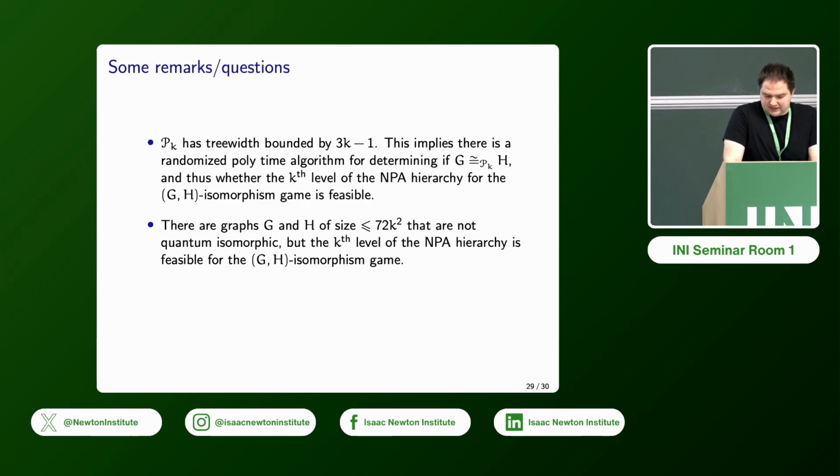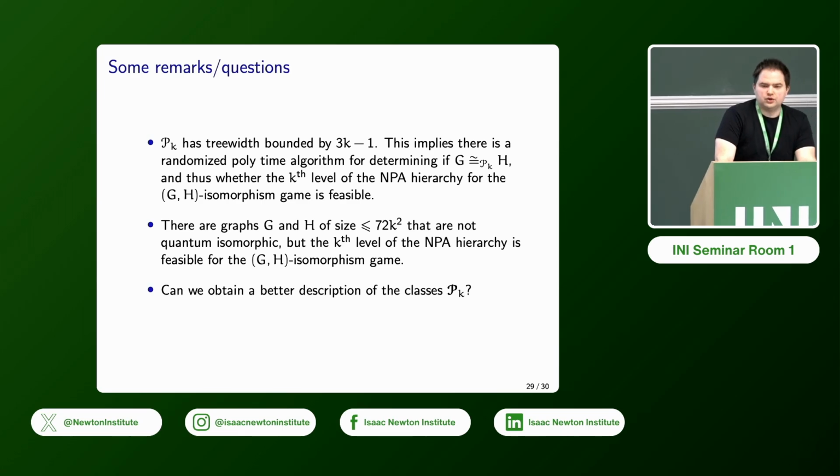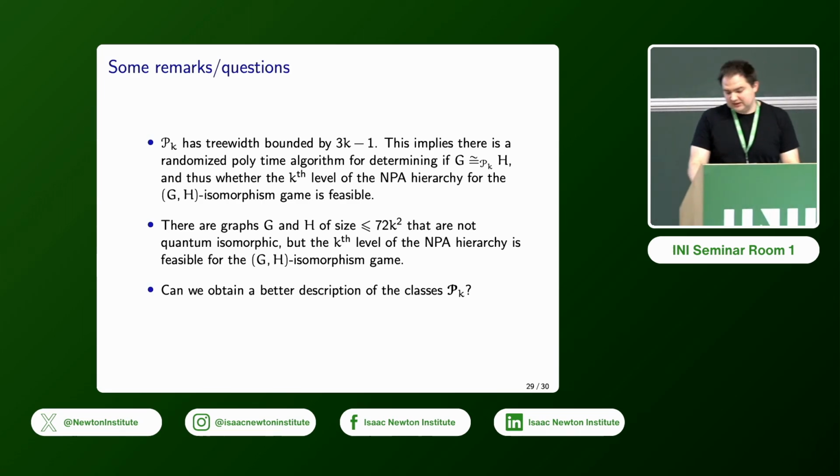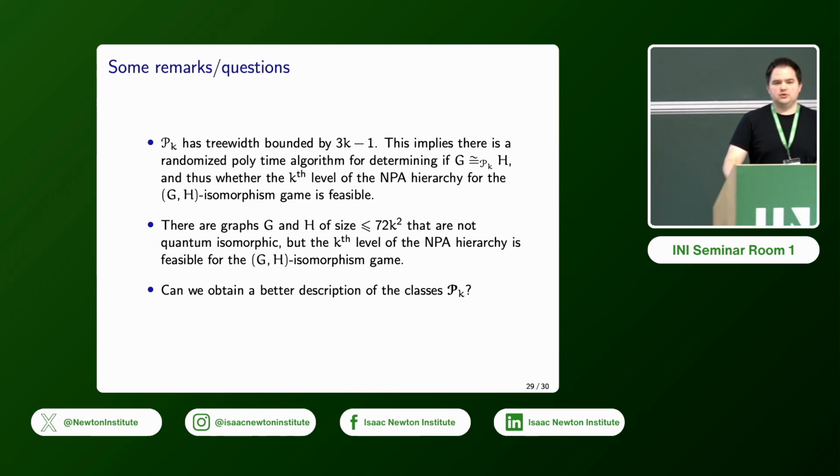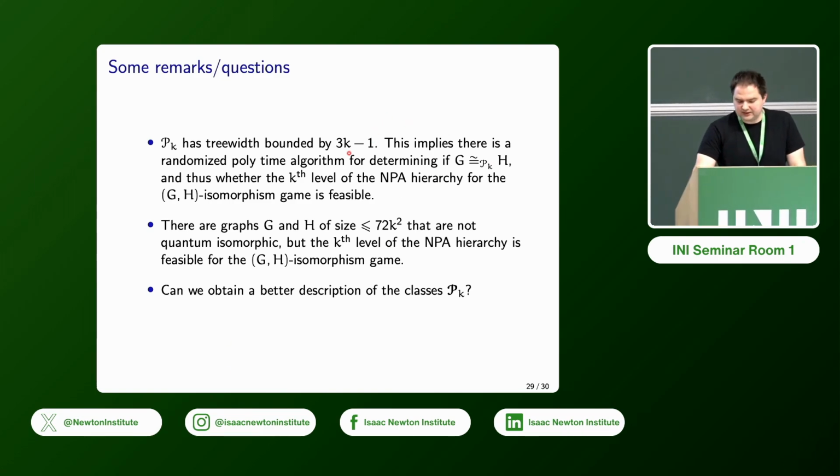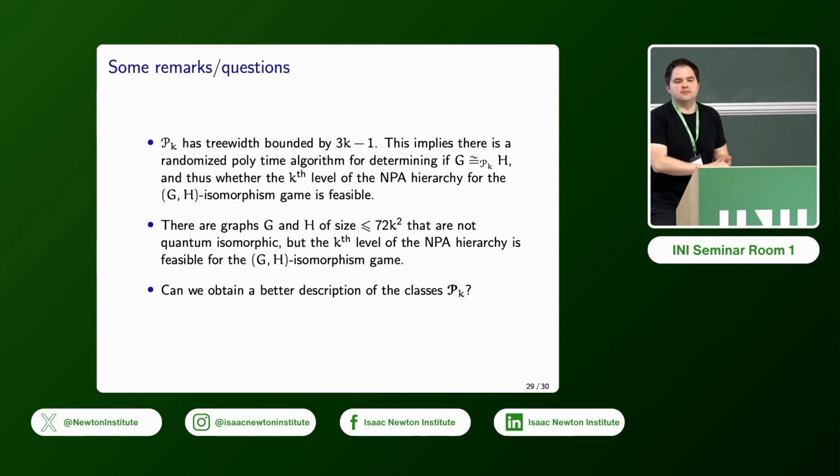So some final remarks. In fact, we do not know much about these classes of graphs. We just have these generating graphs and those operations. We know some bounds on the tree width of those graphs, which I said is a parameter that tells you how far the graph is from a tree. But thanks to this bound on the tree width, which is non-trivial, we are able to get a randomized polynomial time algorithm that tests whether the kth level of the NPA hierarchy for the GH isomorphism game is feasible.